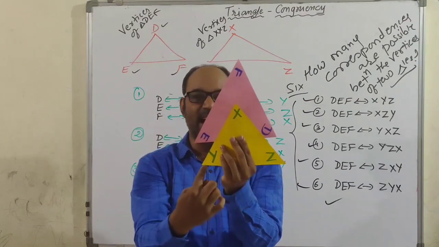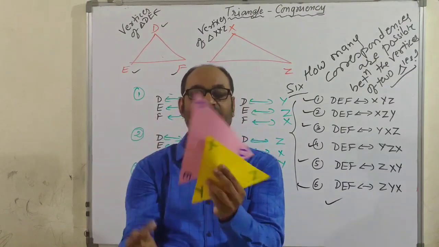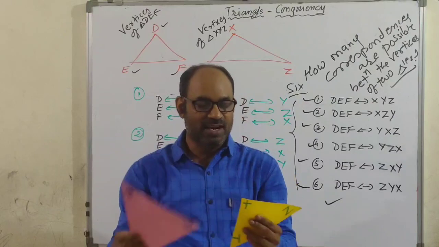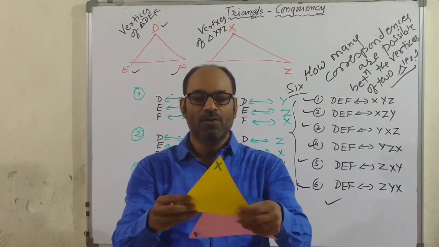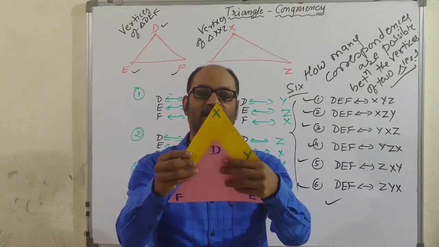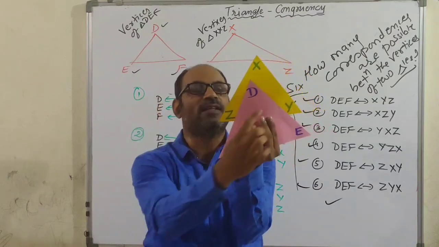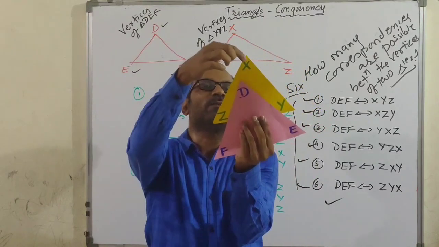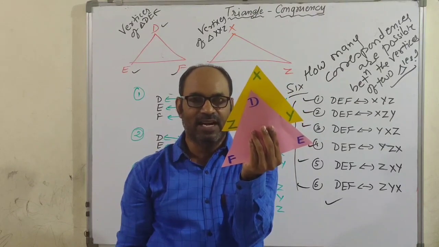X, Y, Z corresponds to F, E, D. Children, I have made a mistake. Let's see once again. Fine. I'll keep this. Alright, like this. Can you see, first correspondence, DEF corresponds to X, Y, Z.